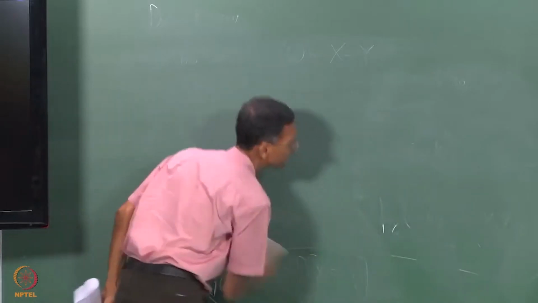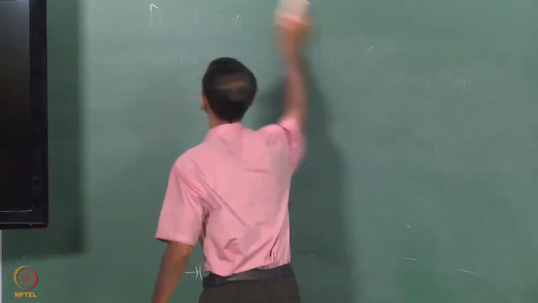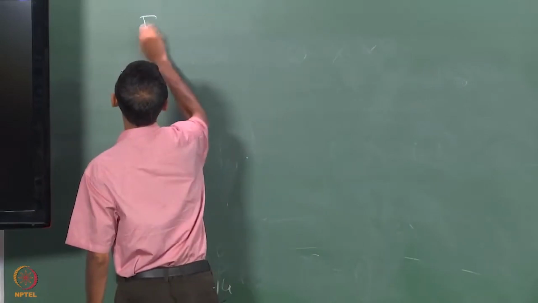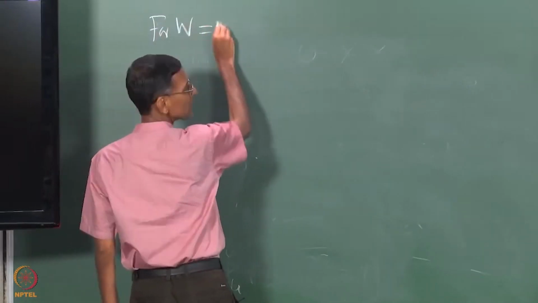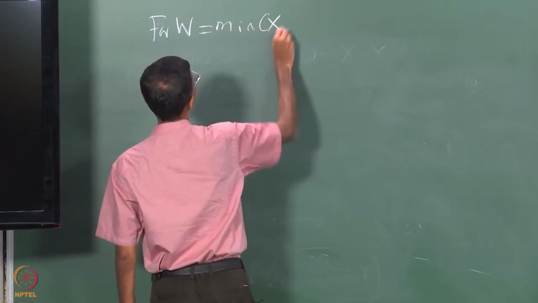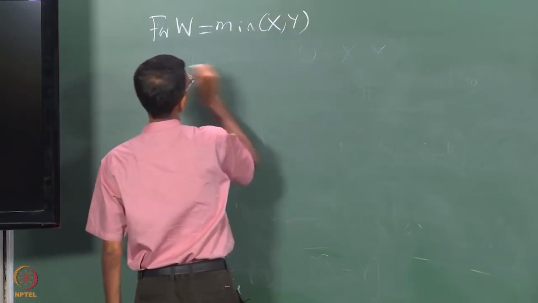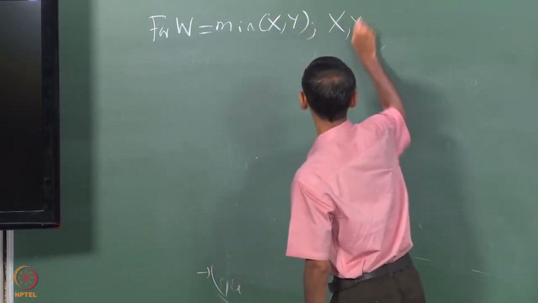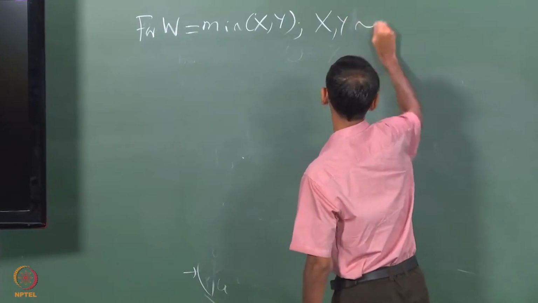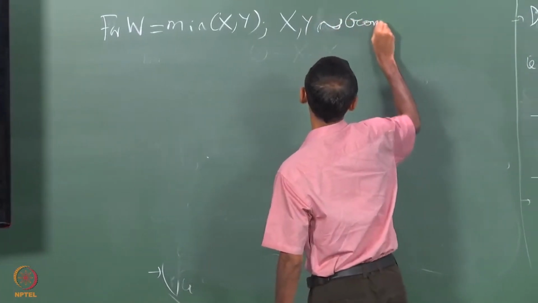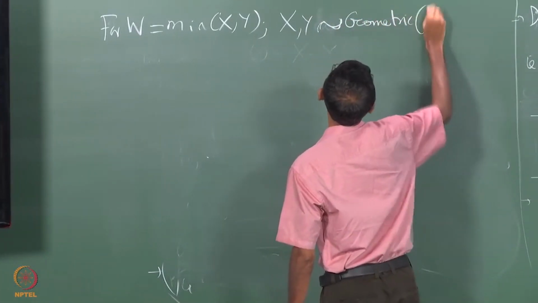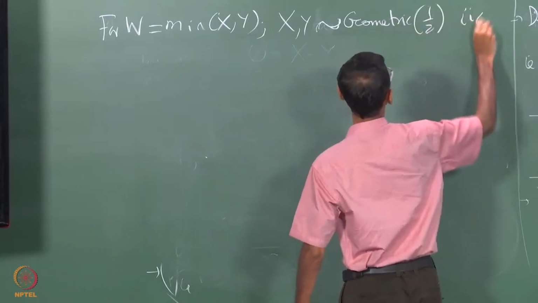So anyway, for W equal to min(X, Y), let us say X and Y are distributed geometric half, IID.